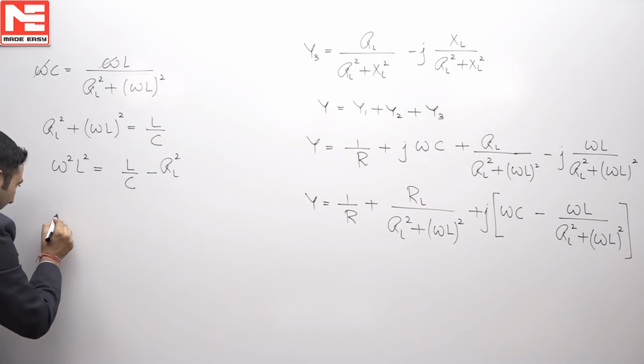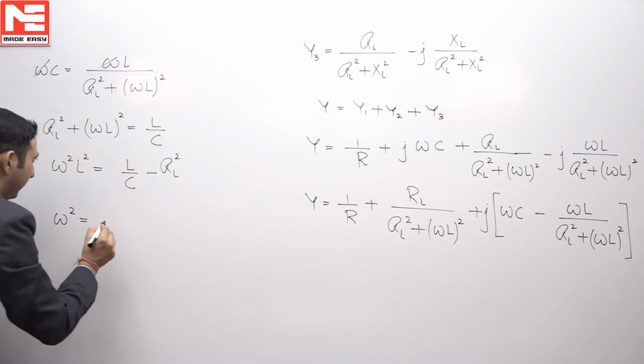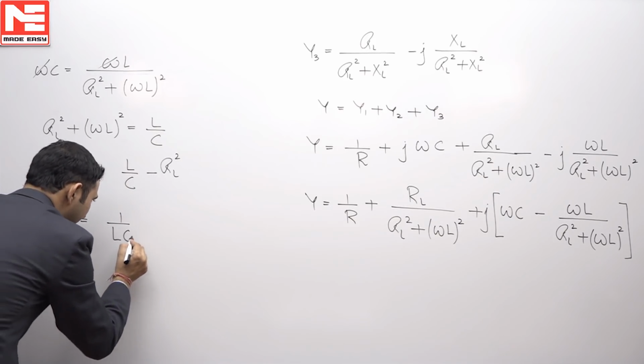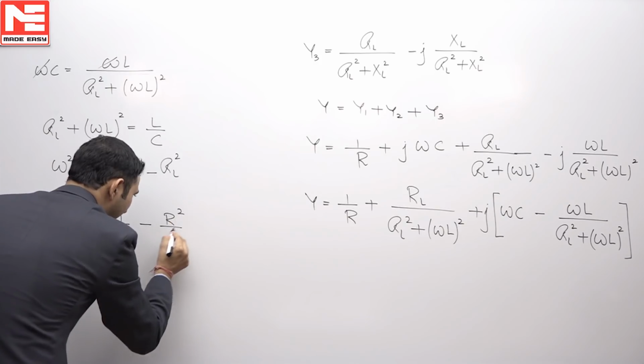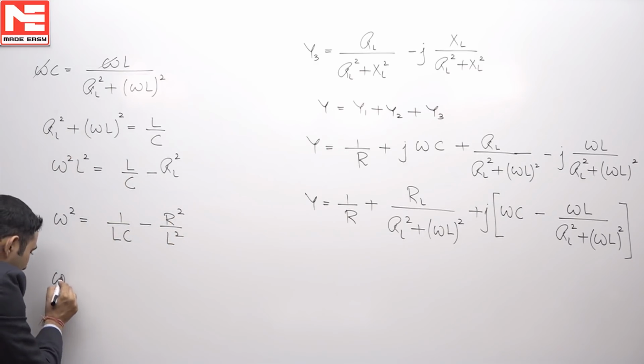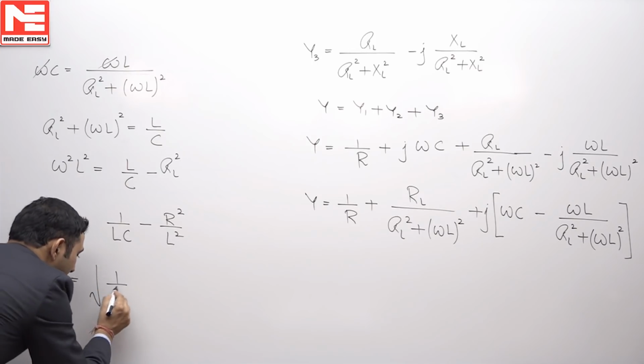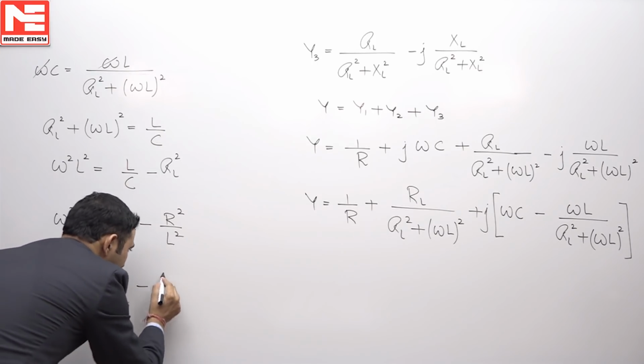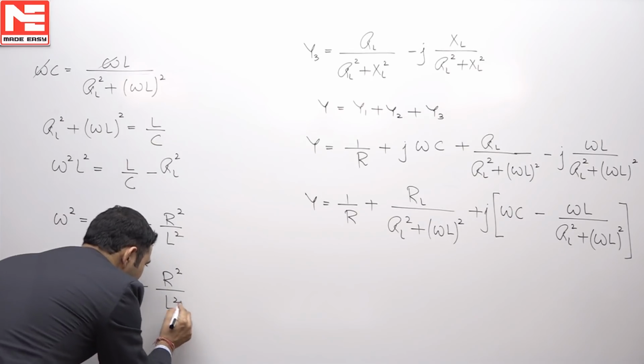Therefore from here you can see omega square will be equal to 1 by LC minus R square by L square. Therefore omega is coming as under root of 1 by LC minus R square by L square.